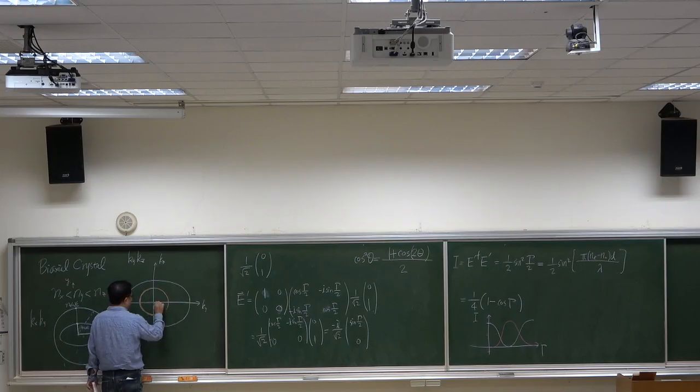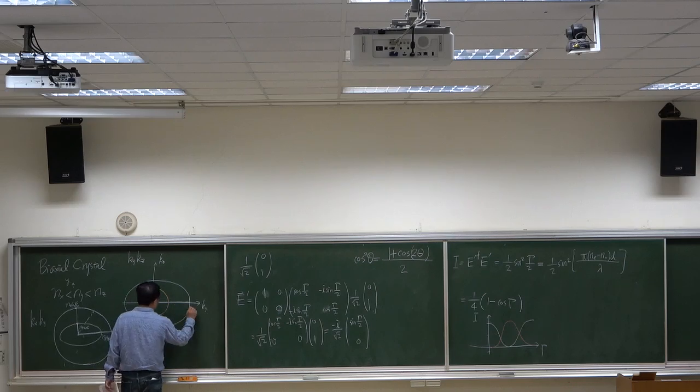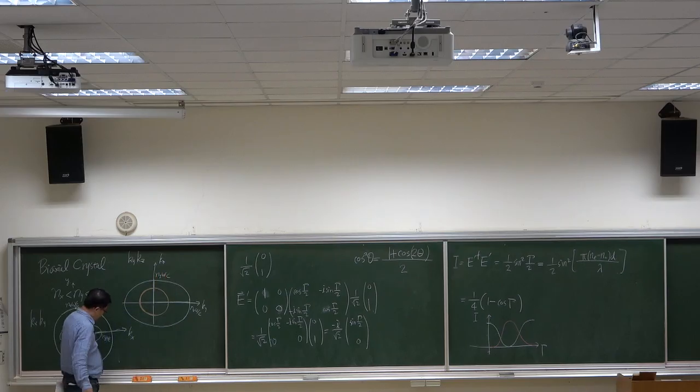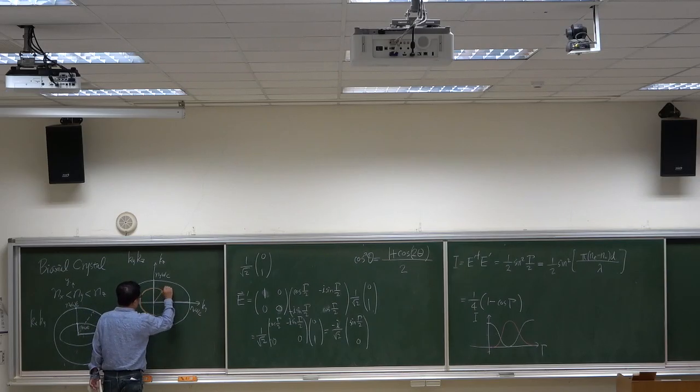Here this semi-major axis is equal to nz omega over c, and this semi-major axis is equal to ny omega over c. And the radius of the circle is nx omega over c.